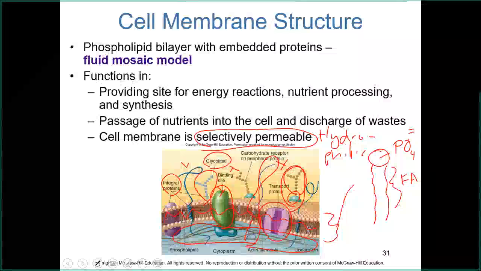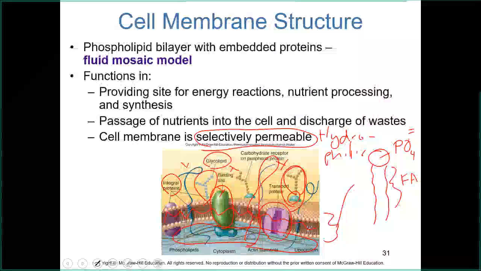There's no equilibrium such that the outside is the same as the inside. The cell literally controls its internal environment to provide the conditions that are going to be optimal for that cell to function. If this membrane starts not to do its job, then there will be an equilibrium.